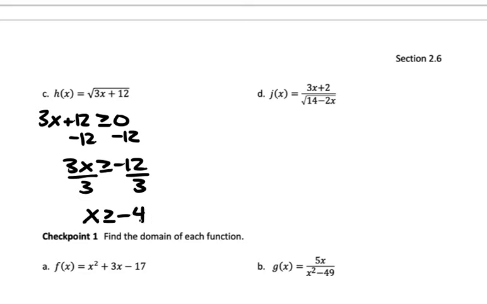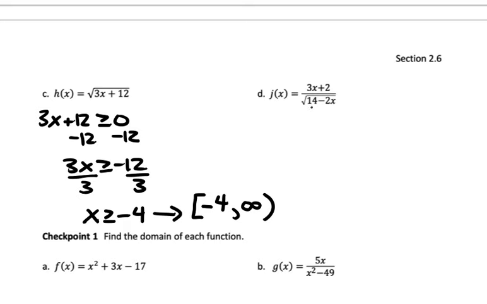Now to put this into an interval, this means it's going to be -4 with a square bracket, and everything greater than that means that -4 is the smallest value, so it can go from -4 up to infinity, parentheses around the infinity.